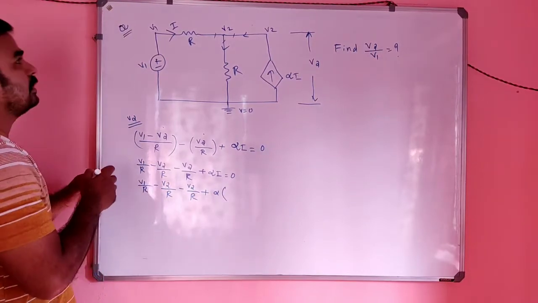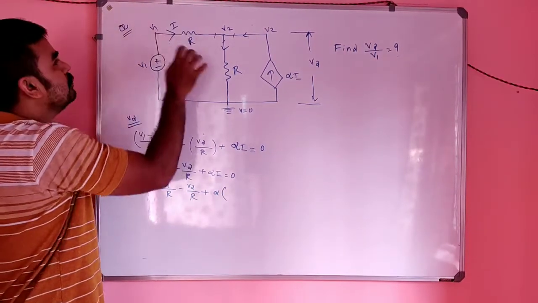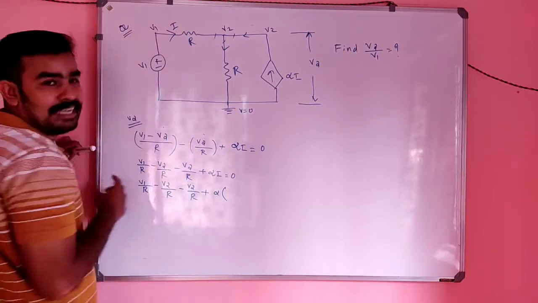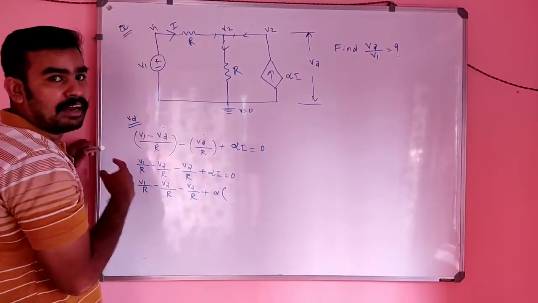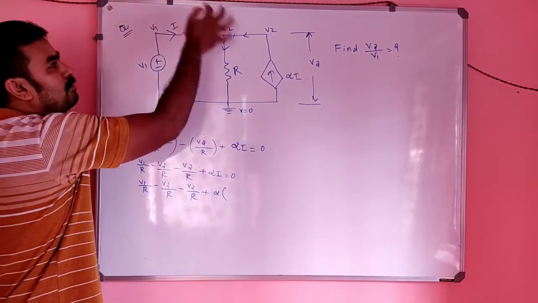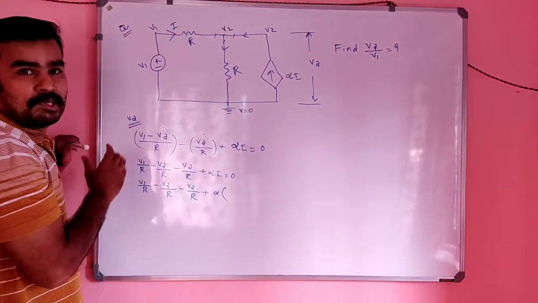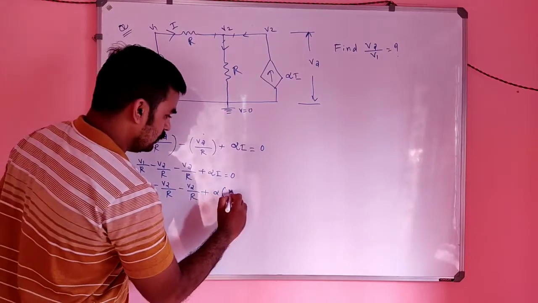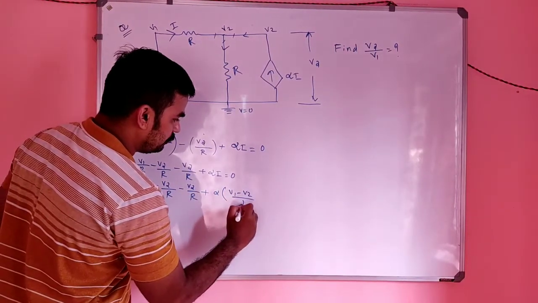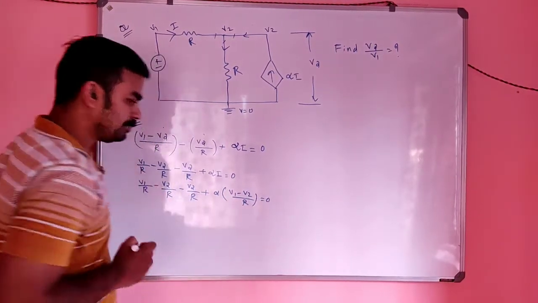I is nothing but this current value, which is V1 minus V2 by R. Where it starts, it is V1, where it ends, it is V2, divided by the resistance across them. So V1 minus V2 by R, equal to 0.